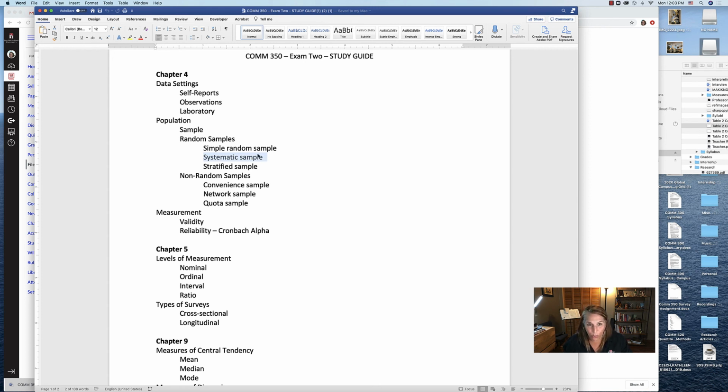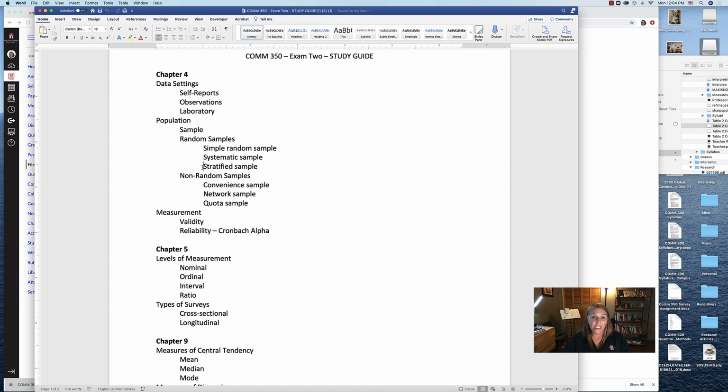Stratified sample, again, is still random, but we're going to break it down into, again, layers or criteria like I just did before. It's not that I want people from PSFA, it's that I want communication majors. I just want communication majors too. I don't even want health communication majors, and I only want seniors.